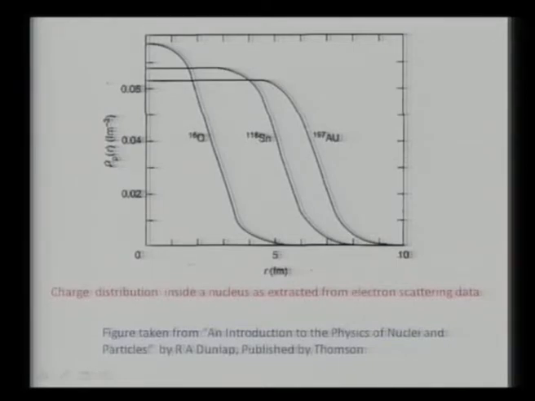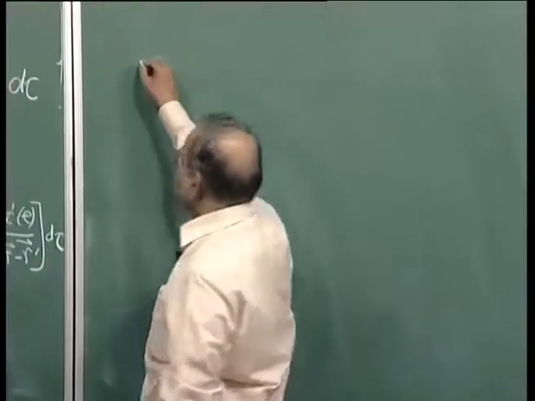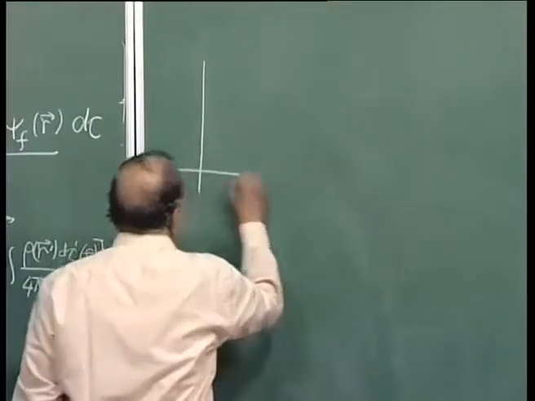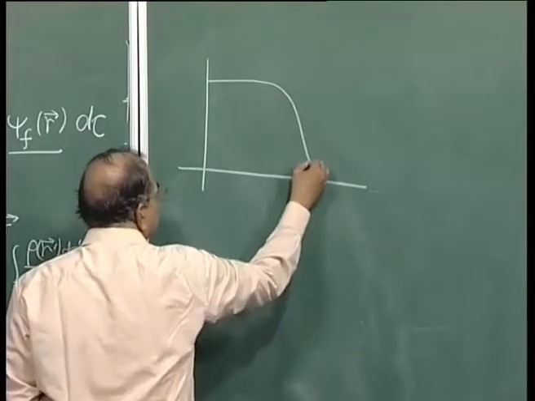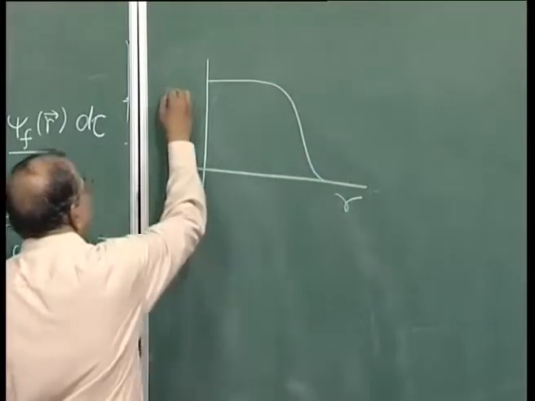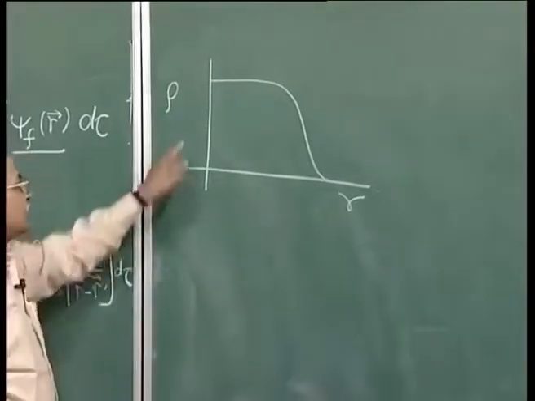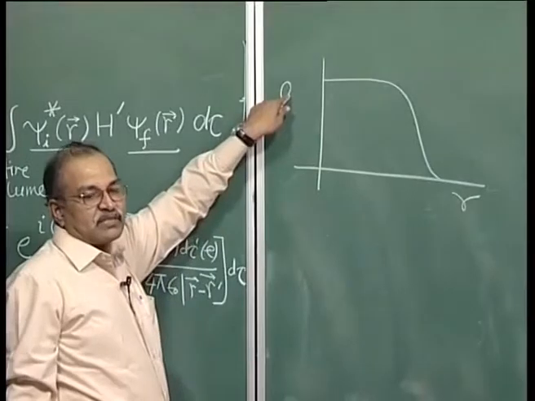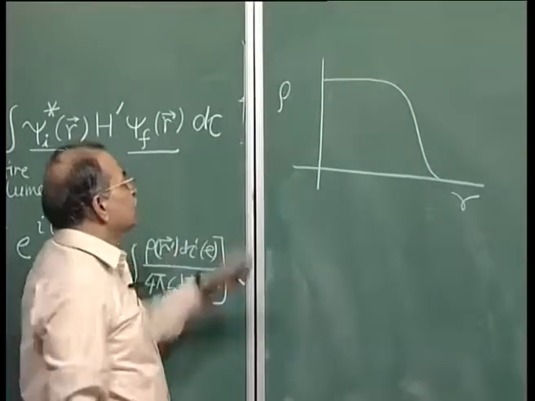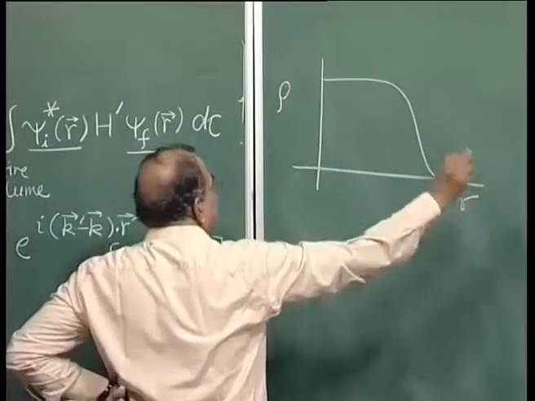All right. Why are we calling it proton density and not neutron density? The curve you had seen is like this. This is R and this is rho. You can call it charge density or proton density because only protons have charge. So, this goes in this fashion.